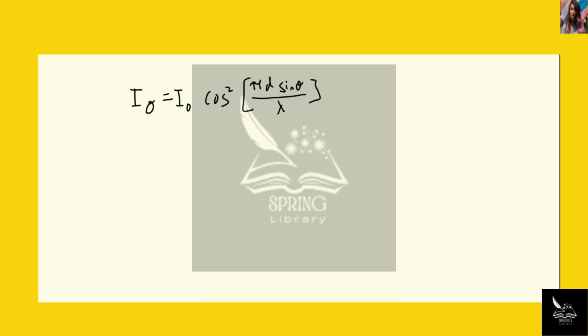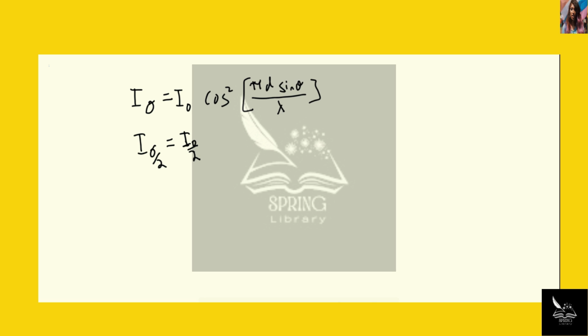Okay, so we're looking for when the intensity is going to be I naught over 2. So we want to solve for when I theta equals I naught over 2. This will give us the half angle. So this will happen at what's called theta 1/2, when the intensity is half.